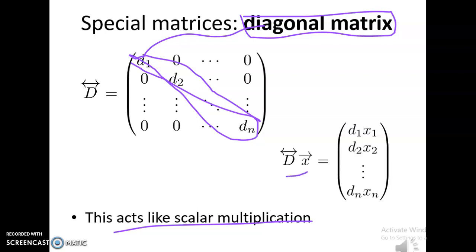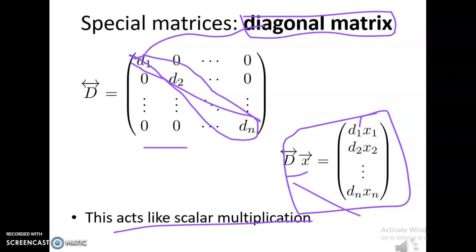D with x: D1, D2 up to Dn multiply the corresponding x1, x2 up to xn. That's why it acts like a scalar multiplication. In a scalar there is no direction, only magnitude; in a vector there is both direction and magnitude.